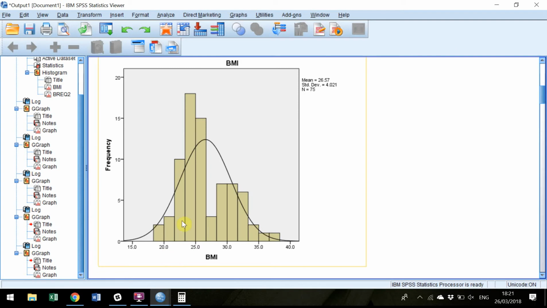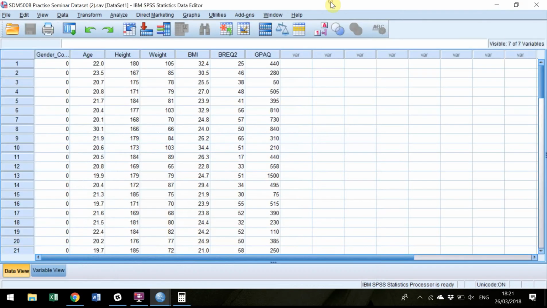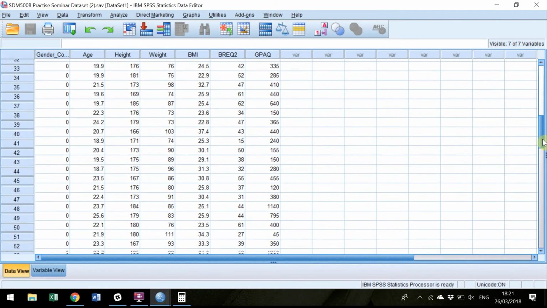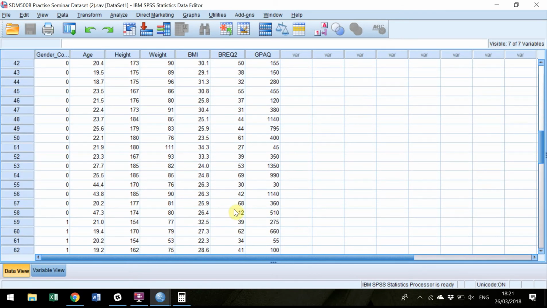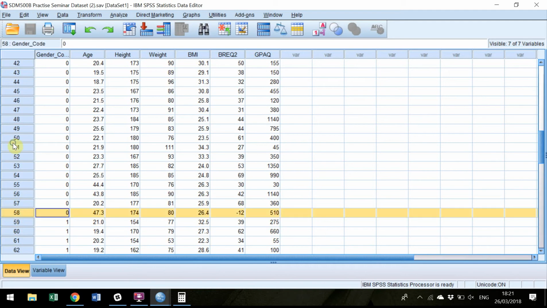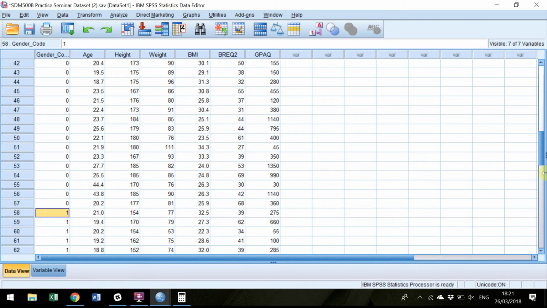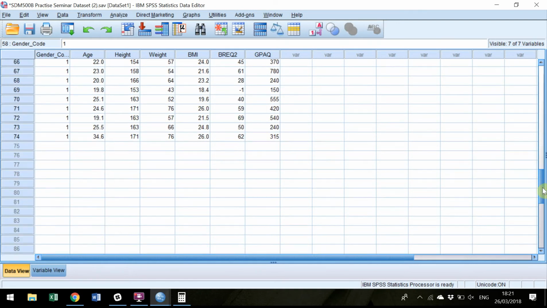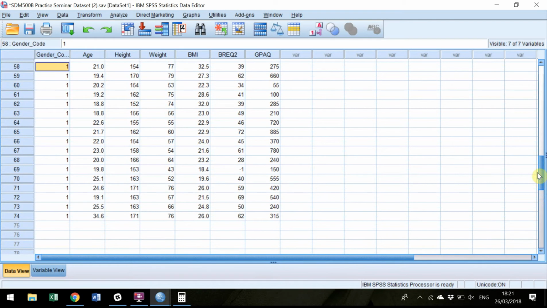So what I'm going to do is hop over to the data, and it was 58 and 70. So go down to 58. It's the -12, and we're just going to cut that. And we are also going to cut out number 70, only because we've cut out number 58. 70 is now 69, and that is the -1.